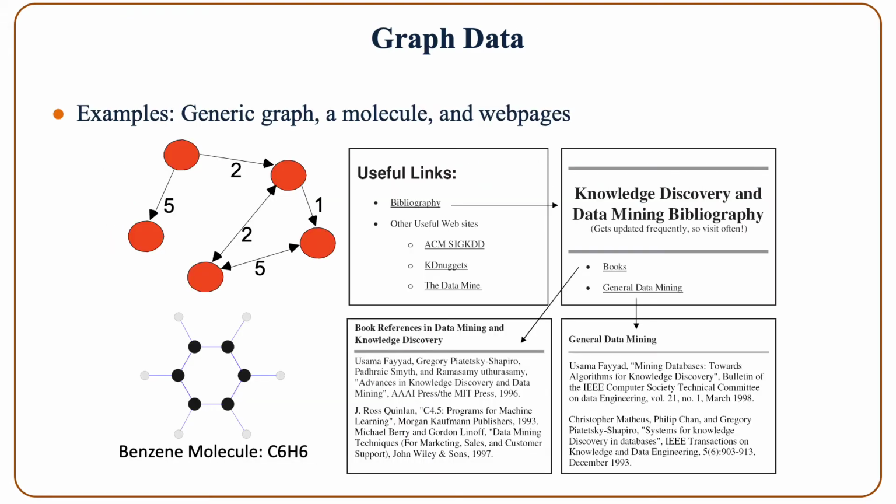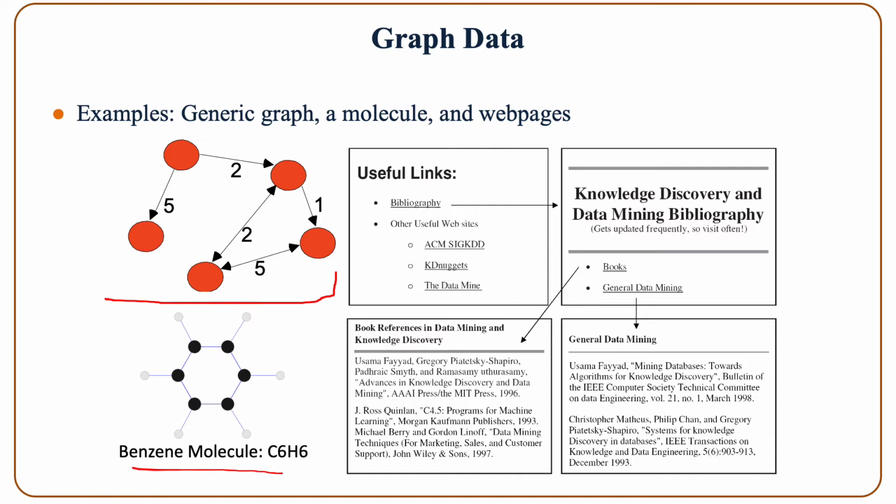The second group of data is graph data. As an example, we have a generic graph as on the top left corner, a molecule structure, as well as web pages on the right side.